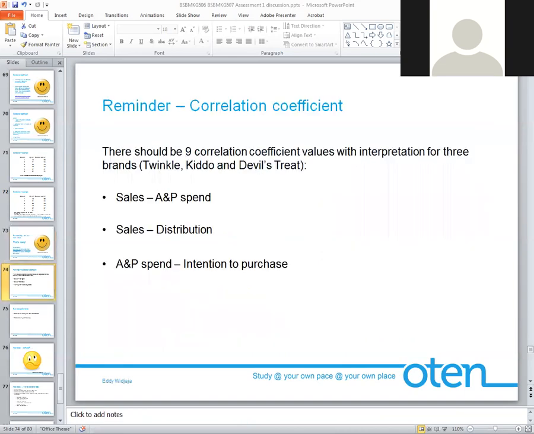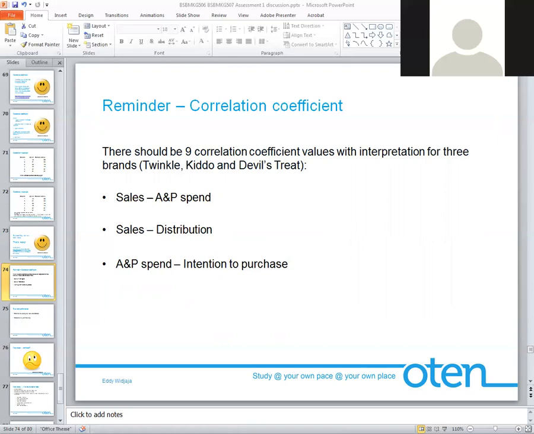As a reminder, there should be 9 correlation coefficient values with interpretation for 3 brands: Twinkle, Baby Biscuit, Kiddos Ruse, and Devil Street, because we are testing 3 pairs of data: sales and A&P spend, sales and distribution, and A&P spend and intention to purchase.